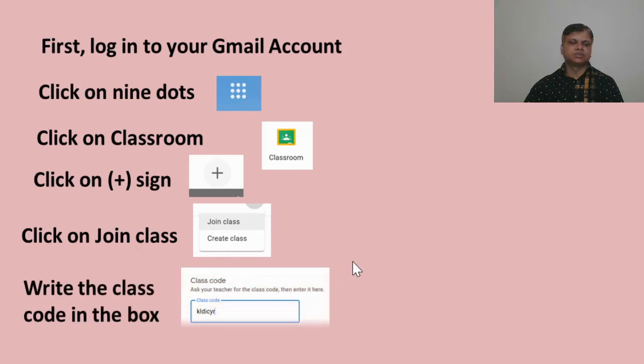Then you have to write the given code for the students of class 10. A box will appear in front of you and you have to write down the class code if you want to join me in my Google Classroom.